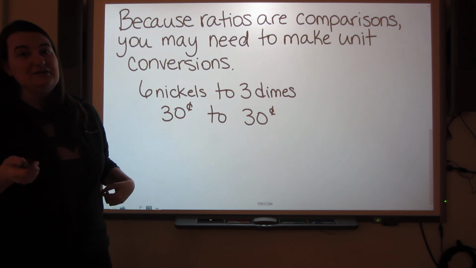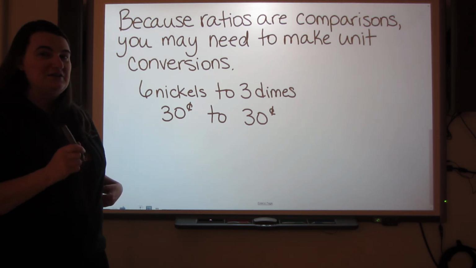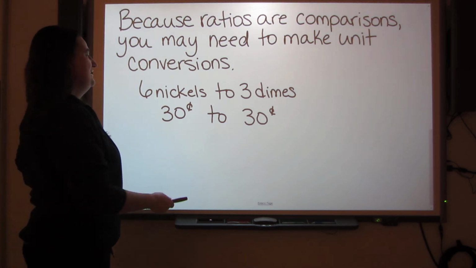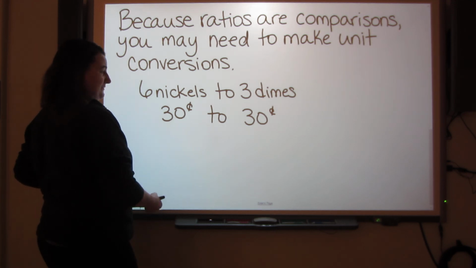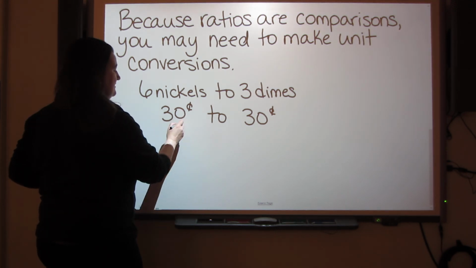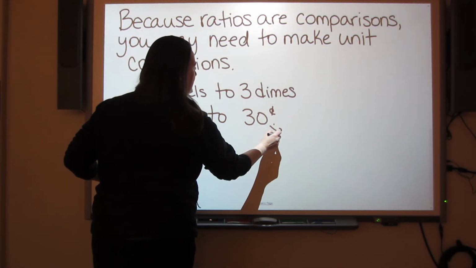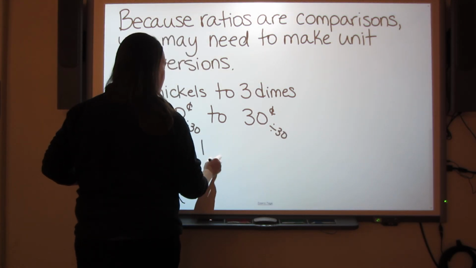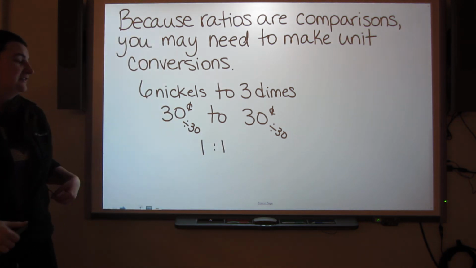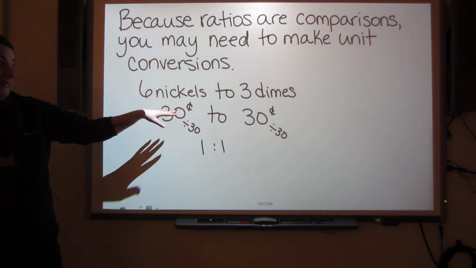And if I need to, I can of course do my lowest terms on this. 30 to 30, well, the easiest way to make that lowest terms is just to divide by 30. So I end up with 1 to 1. So that's my ratio of actual money.